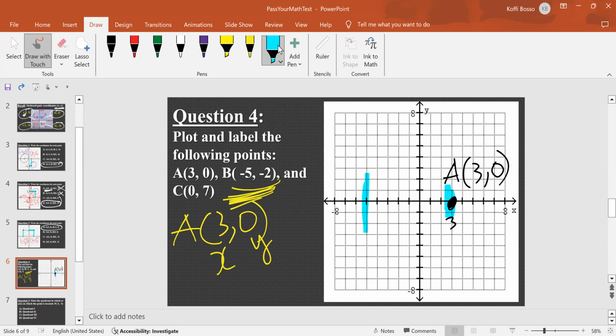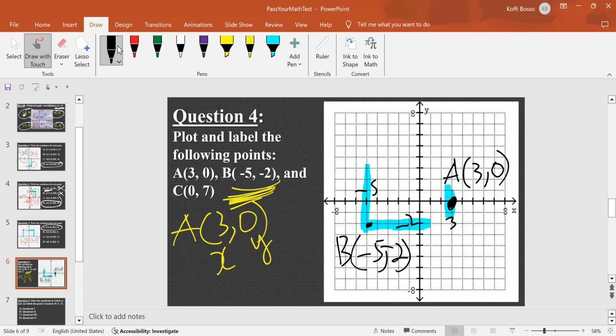And now, negative 2 is this one. The two lines meet at a point, and that intersection is the point we want to plot. So we have this point B, with negative 5 here, comma negative 2 here.